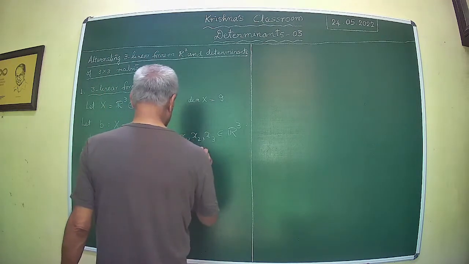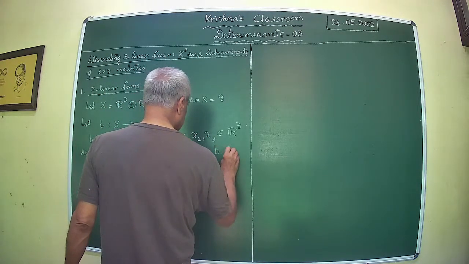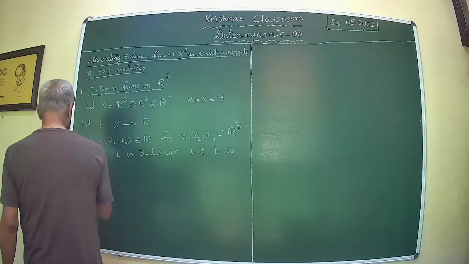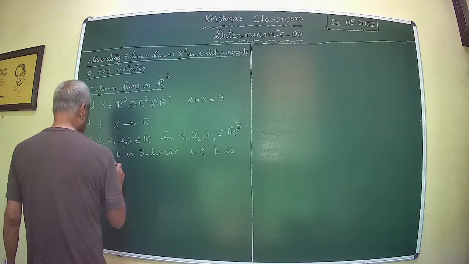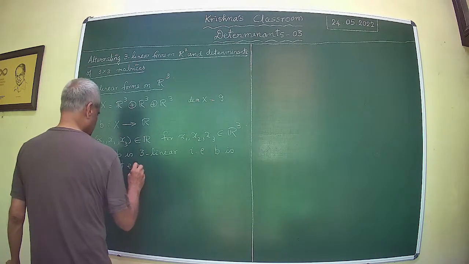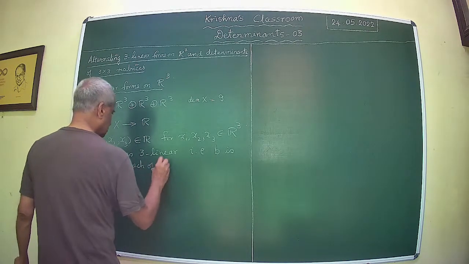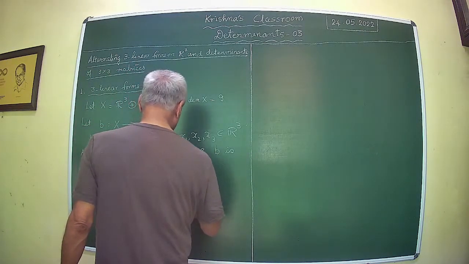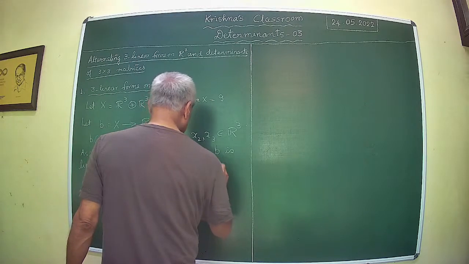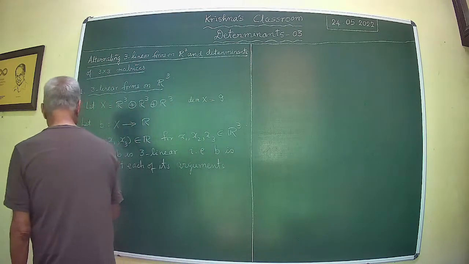That is, B is linear in each argument when the other two are fixed.